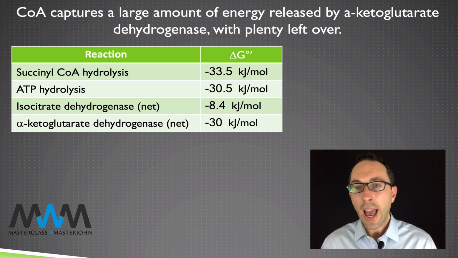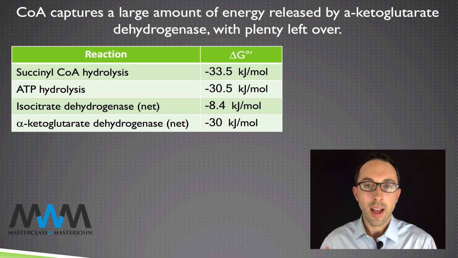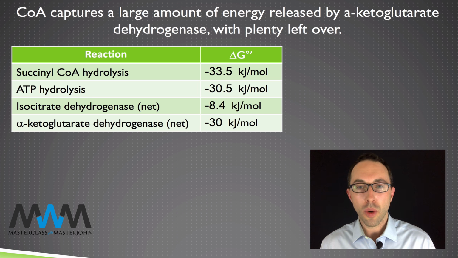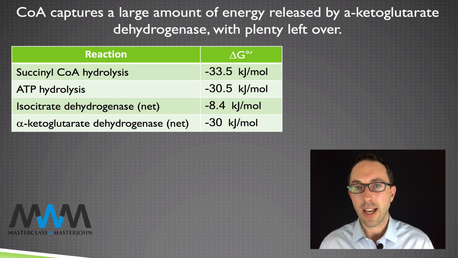In addition, chemists will use standard conditions that are not at the pH that we find within the human body and within other living cells. And so the prime, symbolized by the apostrophe-like symbol at the end, refers to a pH of 7, which is approximately the pH that we would find in our cells.